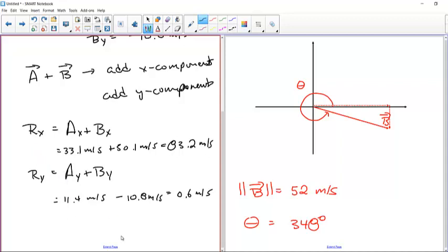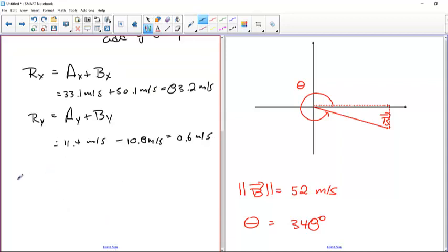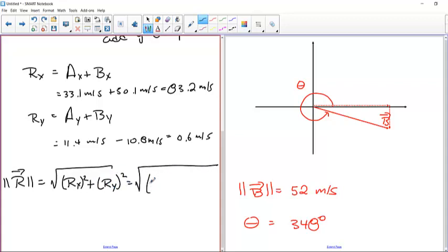So then, finally, what you can do is say that the magnitude of the resultant vector is equal to the square root of the square of the x component of the resultant vector plus the square of the y component of the resultant vector. So that's going to be 83.2 meters per second squared plus 0.6 meters per second quantity squared.